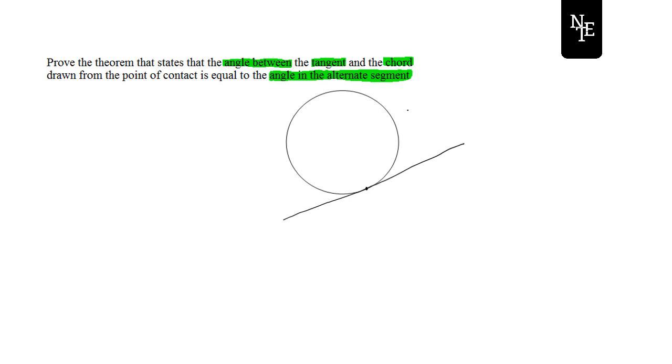I'm going to label this tangent E, D, F. Those are random letters, but anyway, EDF. I've drawn my tangent quite skewed, so the center is going to have to be somewhere over there. Okay, so center O.